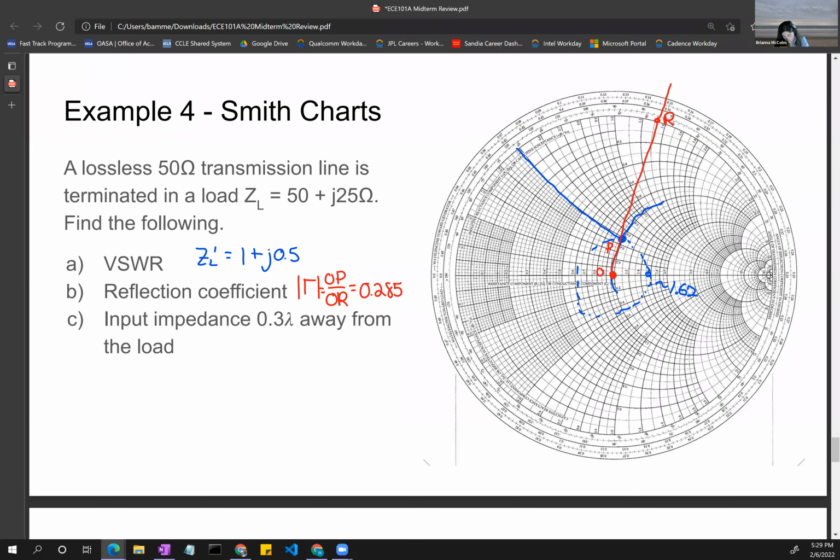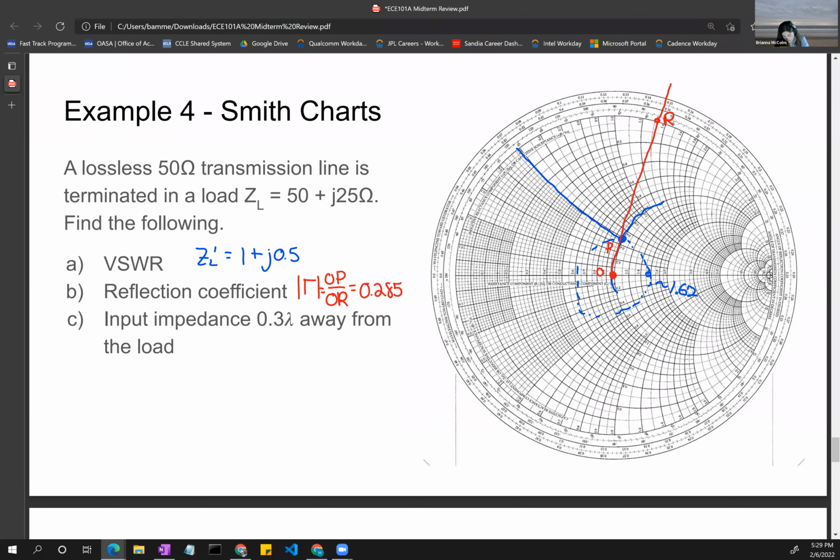Does anyone have any questions? So the 75 degrees is measured from the flat real line on the right, yes, to the red point R. It intersects this outer circle, the angle of reflection coefficient in degrees circle.